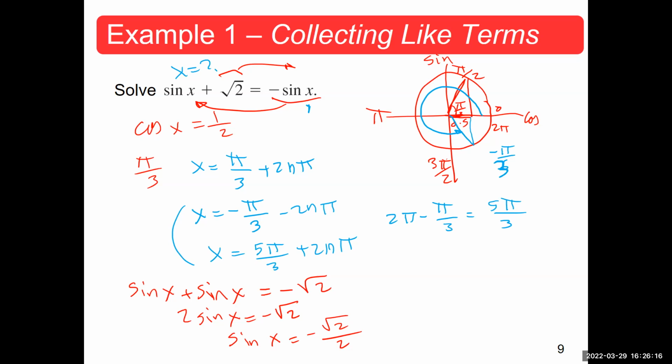If you use your calculator, or go back to the circle like the book, this is basically pi over 4.